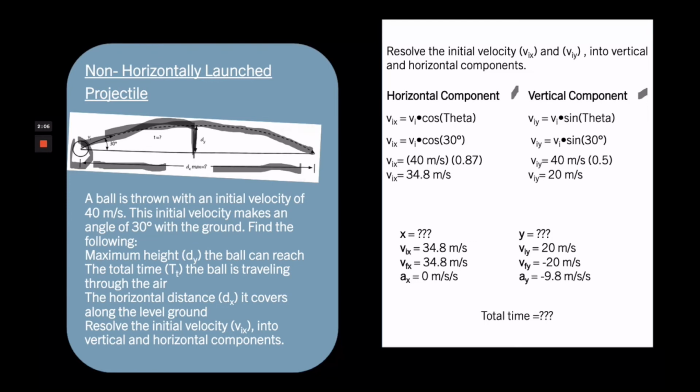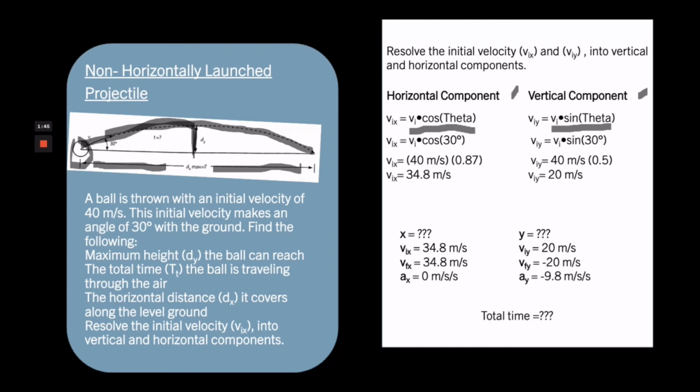So for the initial velocity, again, for the non-horizontally launched projectile, this is for both the horizontal and the vertical velocity. So how can we get its initial velocity for x and its initial velocity for y? This is how we solve it.